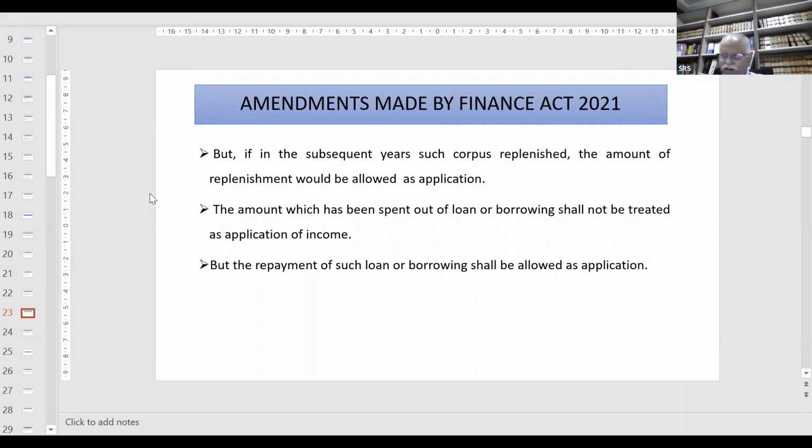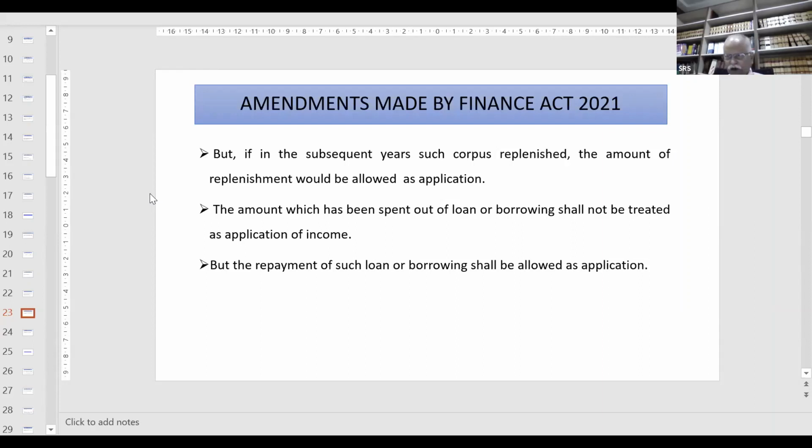See, what section 11 requires you is to apply the income. Suppose I have an income of 200 rupees for constructing a building for the purpose of a charitable institution. I borrow another 400 rupees and construct a building for 600 rupees.